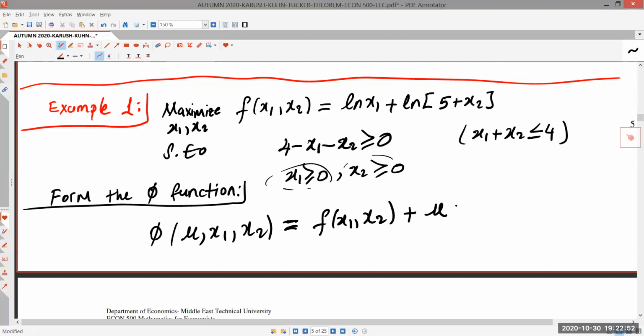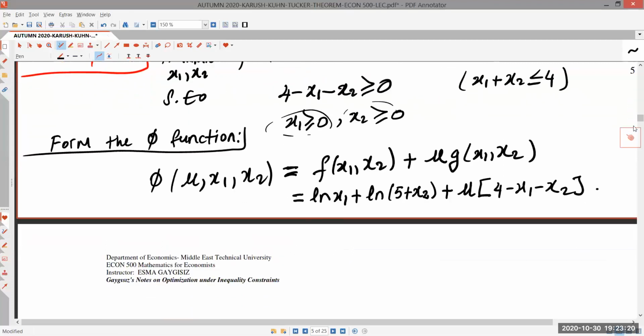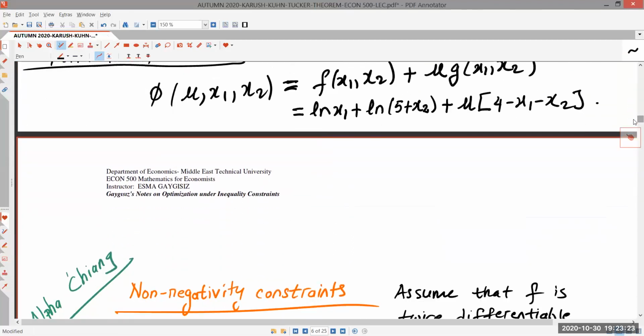For this example, f is the natural logarithm of x1 plus the natural logarithm of 5 plus x2. And the constraint is multiplied by mu, and the constraint here is 4 minus x1 minus x2. Okay, now what are the first order Kuhn-Tucker conditions?